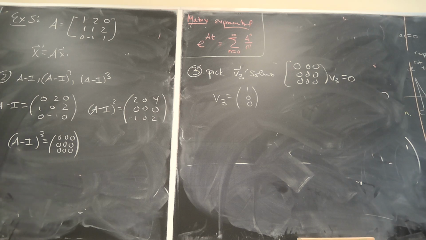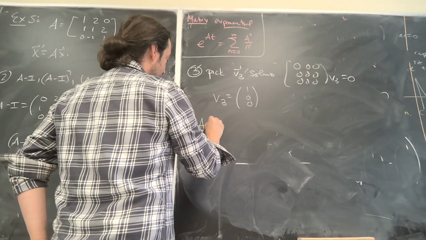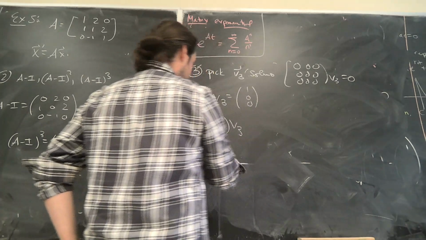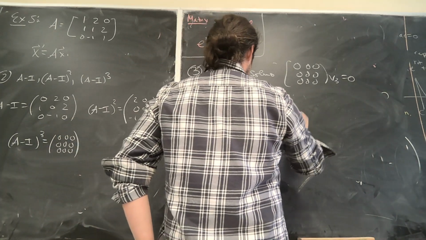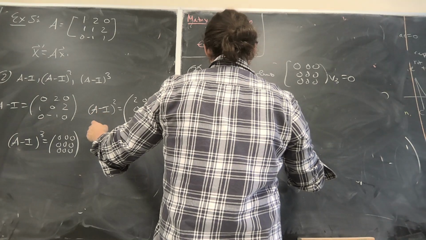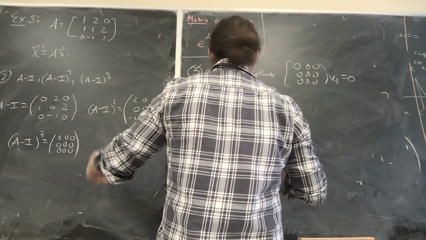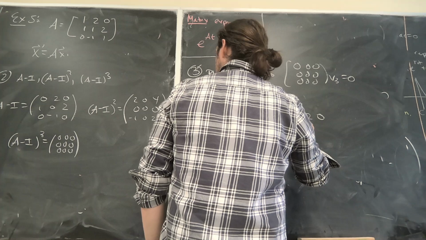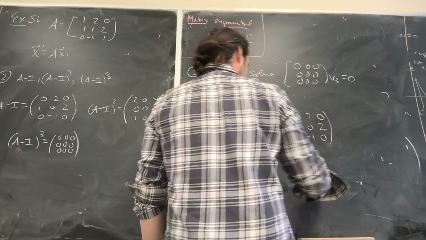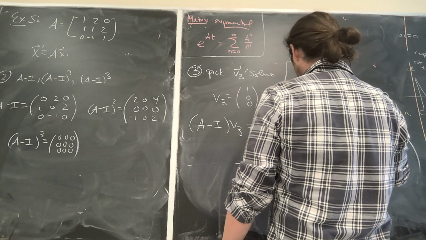If I multiply v3 by A minus I, that gives me v2. And that was 0, 2, 0, 1, 0, 2.